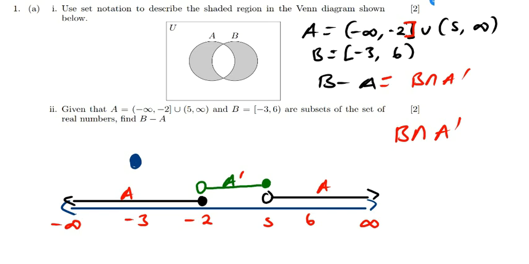Positive 6 is not included. So that happens to be my B. Now the part where B and A complement are intersecting, that is our solution, this part here.